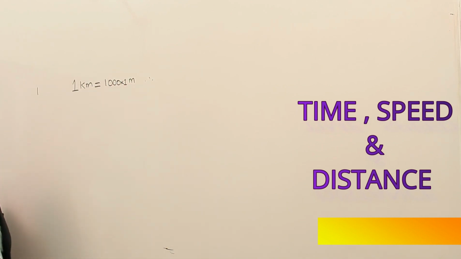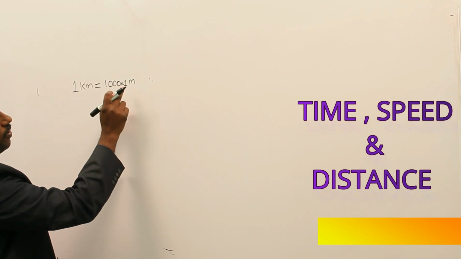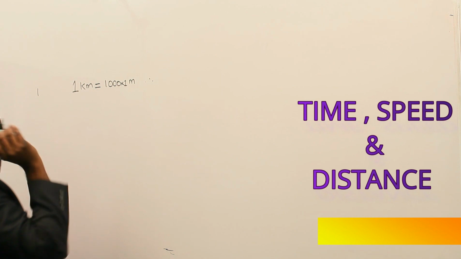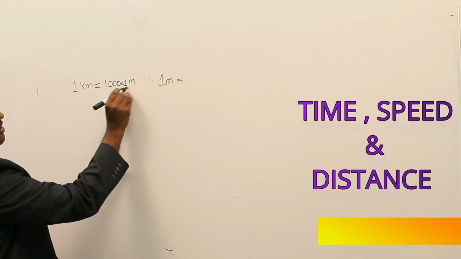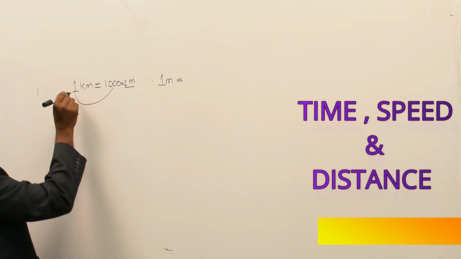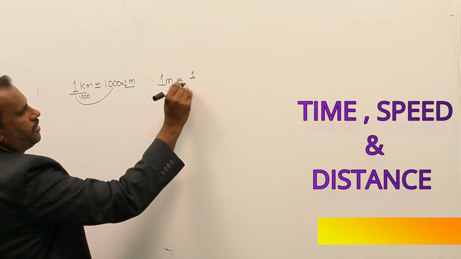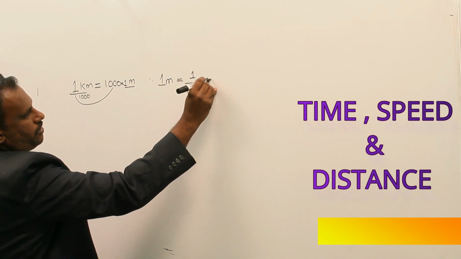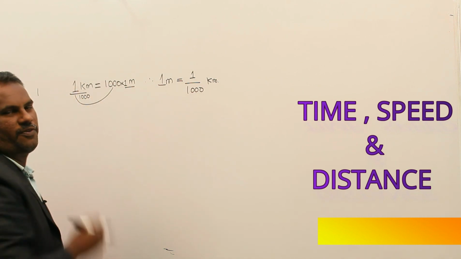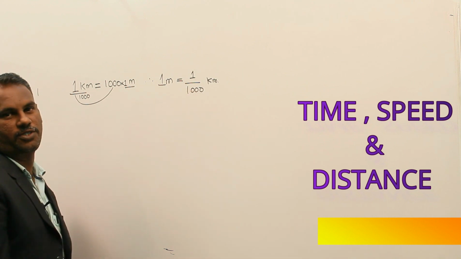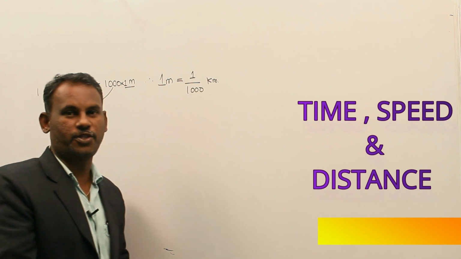Then 1 meter equals, we have to divide this 1 kilometer by 1000, so we get 1 divided by 1000 kilometer. This is the basic unit conversion. You must be very clear about this unit conversion so that these kinds of problems can be solved without fail.